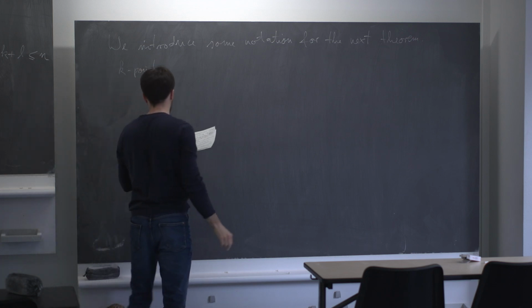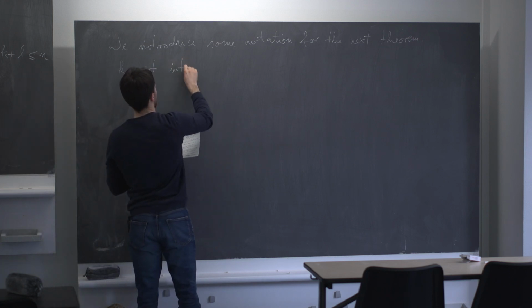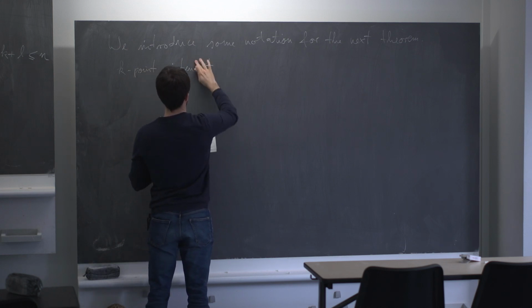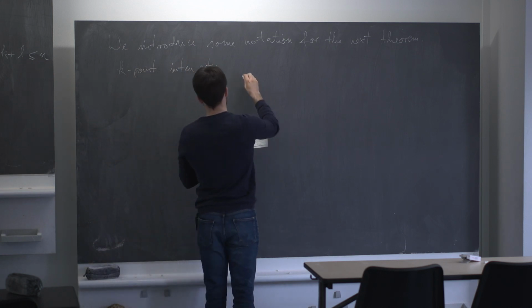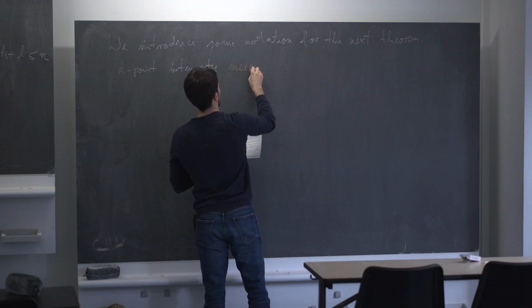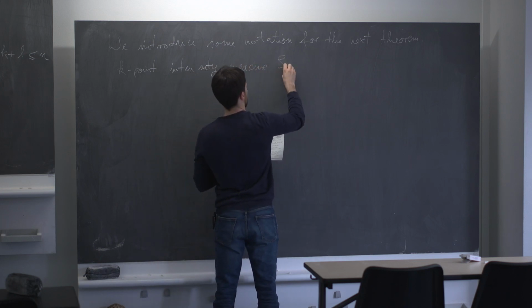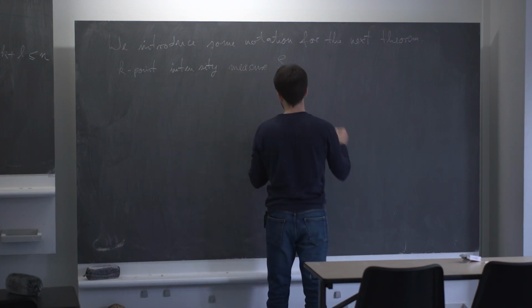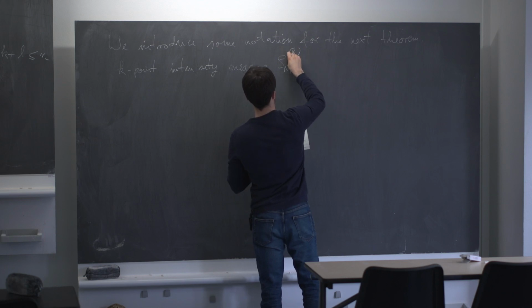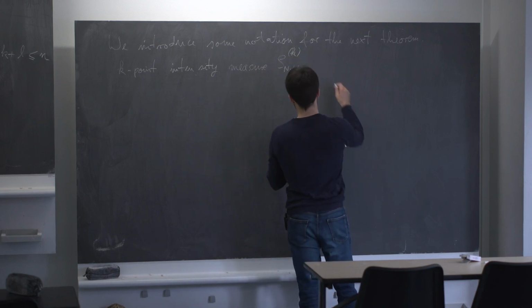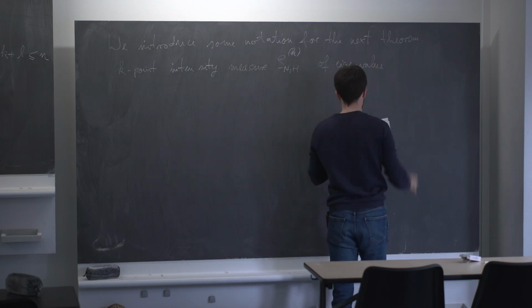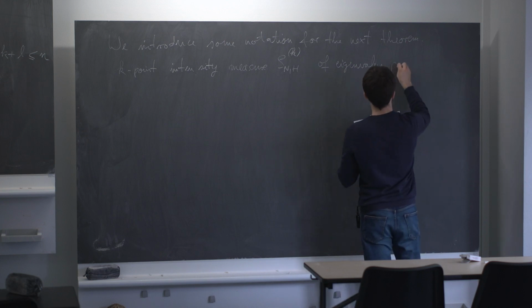Okay, so now I again have to look at k-point intensity measures, but now I have to distinguish which matrix I'm referring to. So now I write rho N H, which refers to the matrix whose eigenvalues we look at. Then the kth intensity measure. And we first start, as usual, with the standard eigenvalue process.